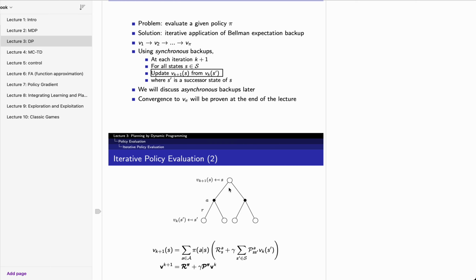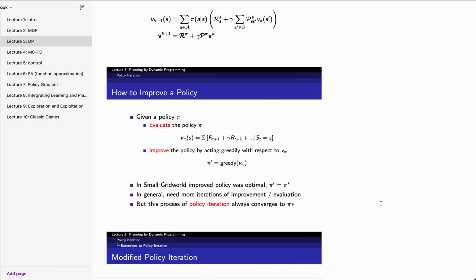Once he knows v(s) at the next iteration k plus 1, he will compare.